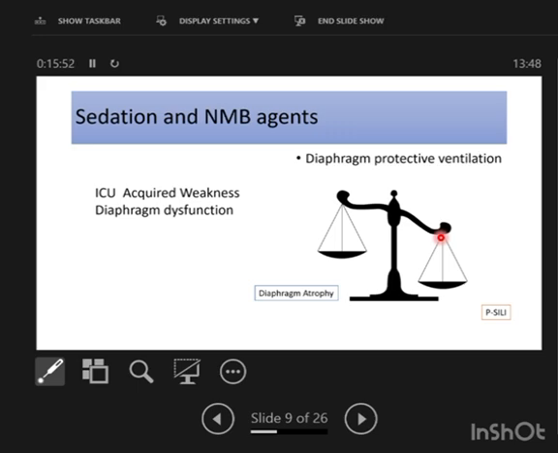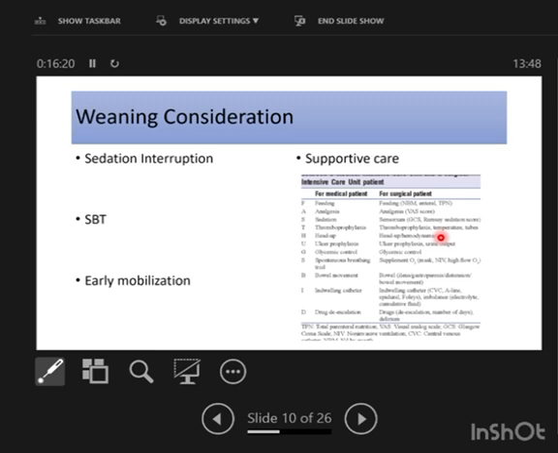At that time, I can use a neuromuscular blocking agent, but restrict it to the first 24 hours, because if I use it prolonged, then I will create a problem for Dr. Rishikesh. Weaning the patient off will be a problem. There will be ICU acquired weakness, diaphragmatic dysfunction, diaphragmatic atrophy. All this will follow. So remember, mechanical ventilation is the support you are giving for the temporary time being, and ultimately you have to bring the patient back to normal. So that is the idea.